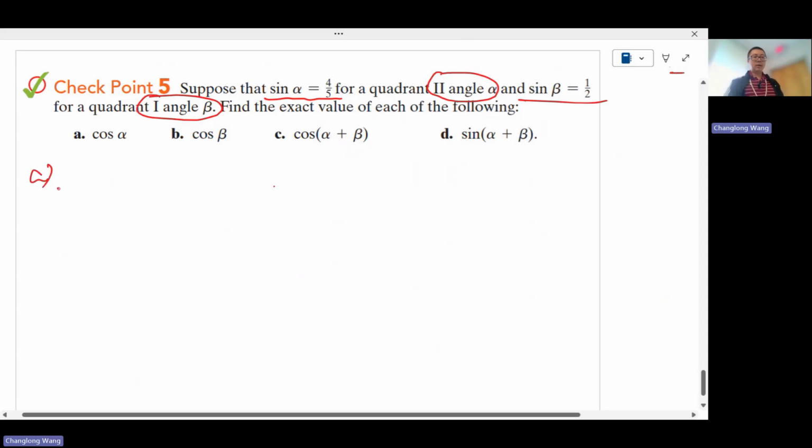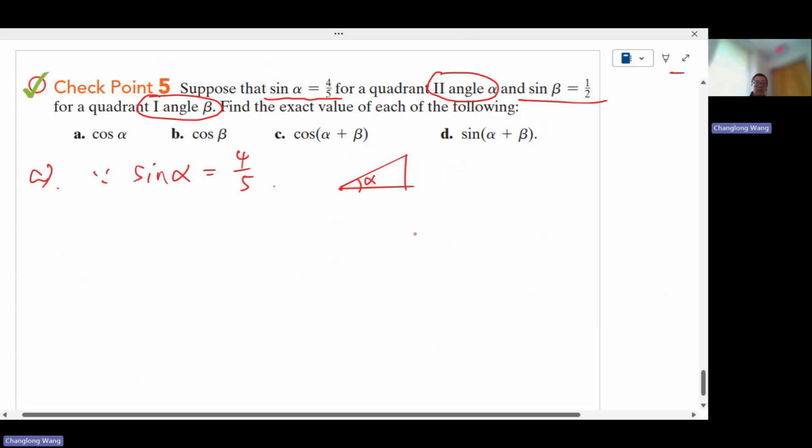All right, so now let's think about letter A. Cosine alpha. Well, we know sine alpha, which is 4/5. Now, didn't we do that before? Like if you're given a trig function of a certain angle, right? And they were asking you to figure out the remaining 5 trig functions of the same angle, right? And the way it works is to just draw the right triangle, right? Label the angle alpha, label the sides, right?